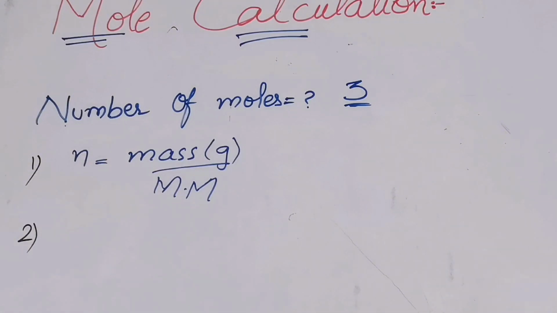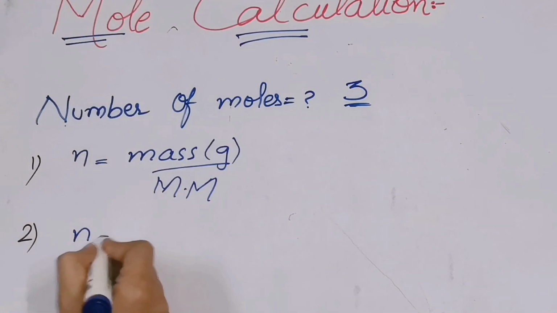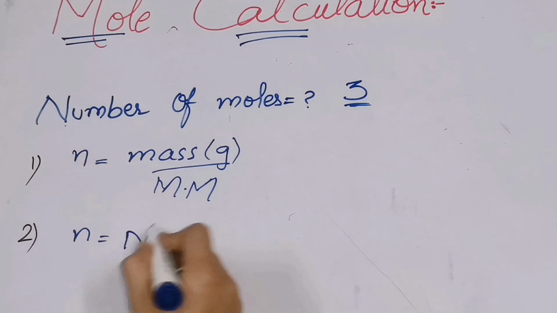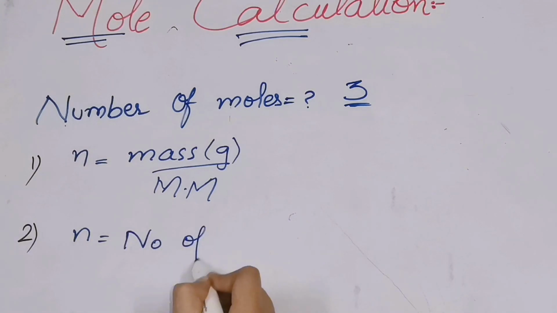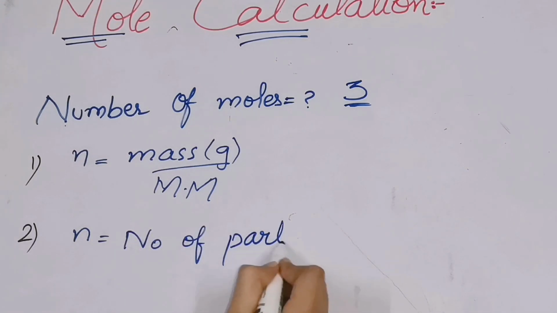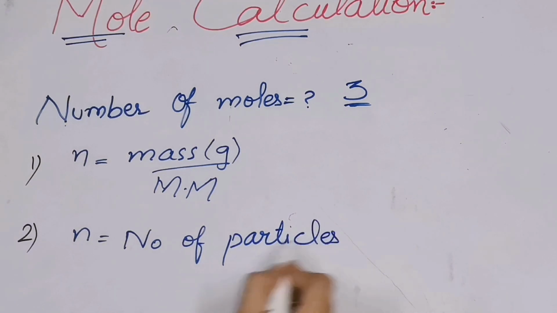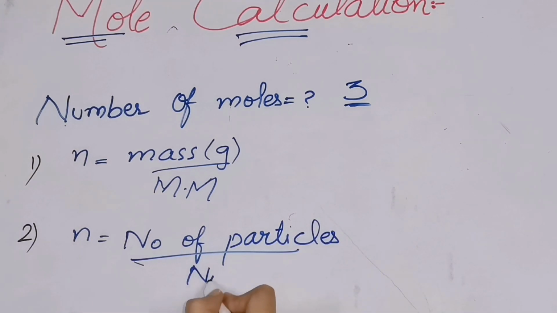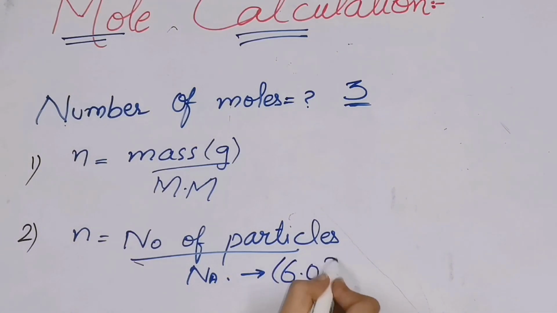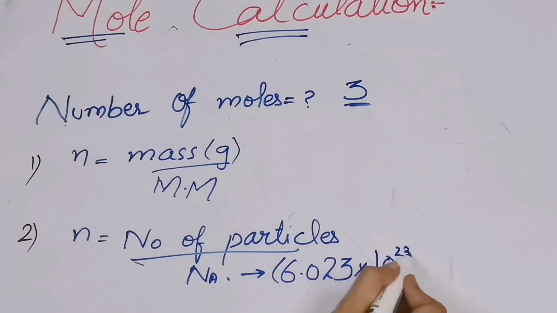The second formula was that number of moles is equal to number of particles divided by Avogadro number. And what was the value of Avogadro number? 6.023 multiplied by 10 raised to power 23.